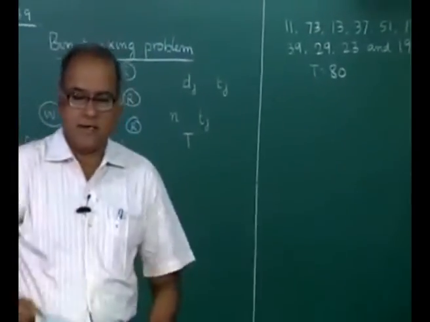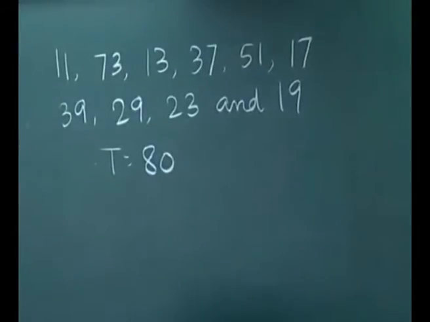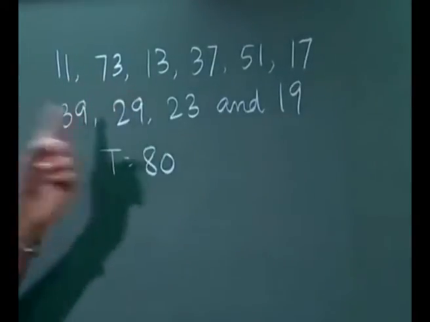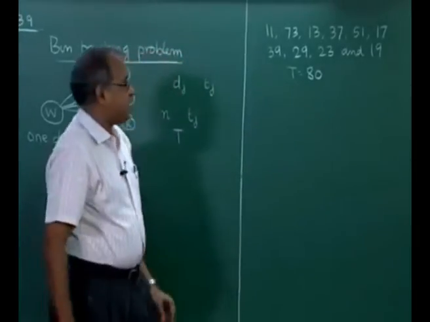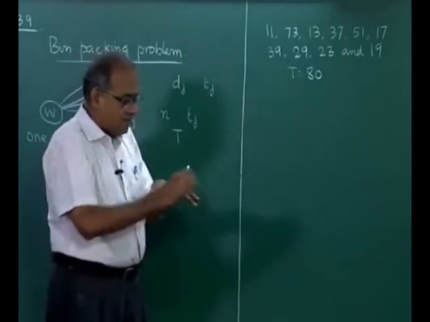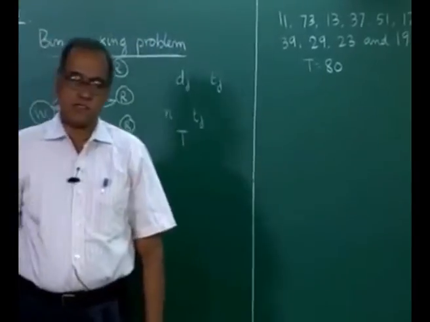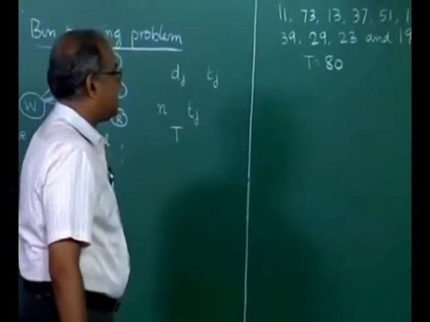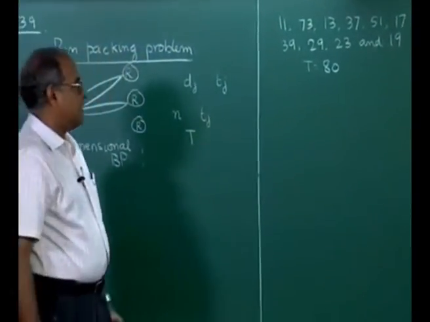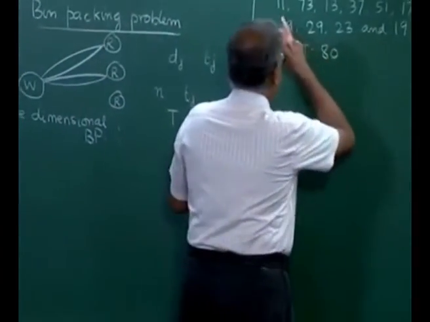We assume that there are 10 requirements and the time for each of these requirements is given in these 10 numbers, and the total time availability is 80. So, the problem is to find out the minimum number of trucks such that we are able to meet all the demand. Tj is given here.